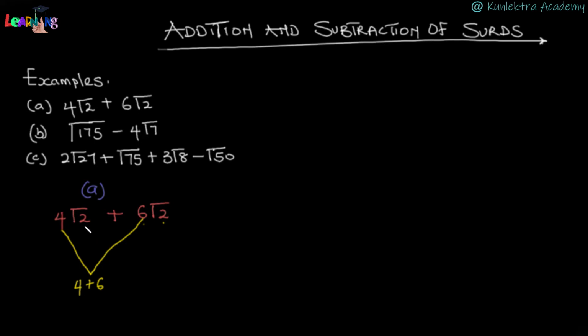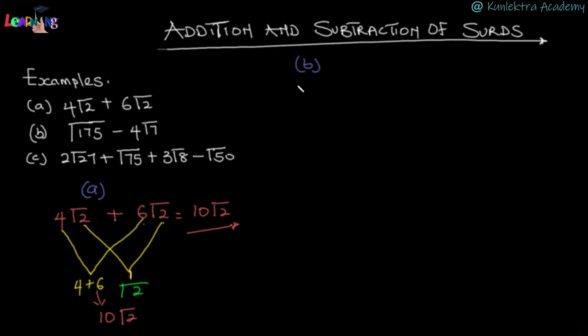After that, you bring down one of these surds, and that will be root 2. Now, 4 plus 6 is equal to 10 root 2. Now you have your final answer to be 10 root 2. This is how you can add this. You add the whole number first, 4 plus 6, 10. Then you have one of the roots brought down. Now you have 10 root 2.